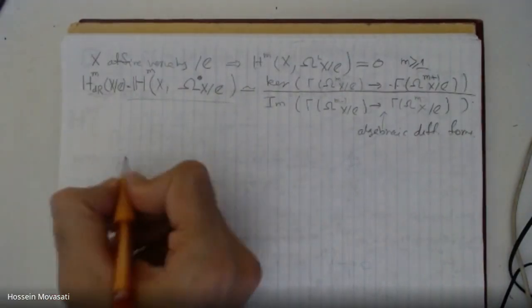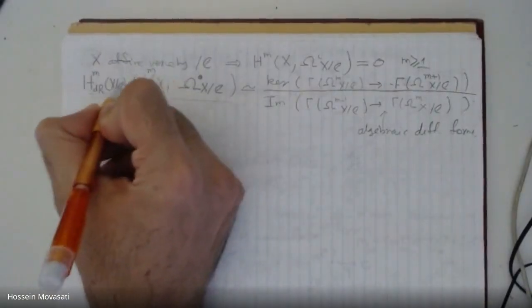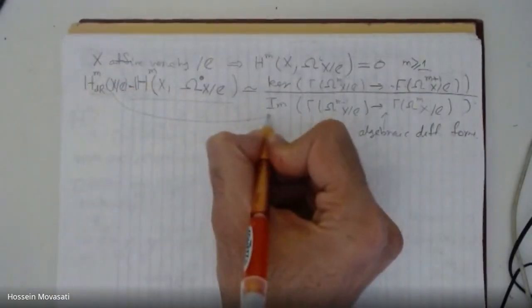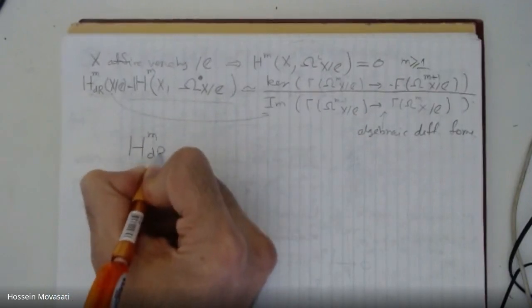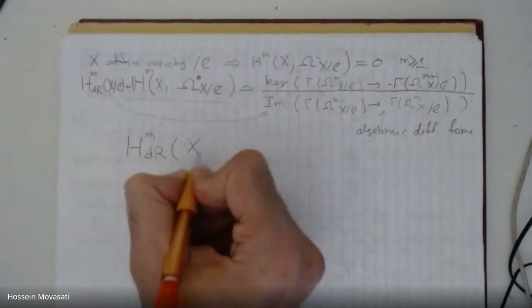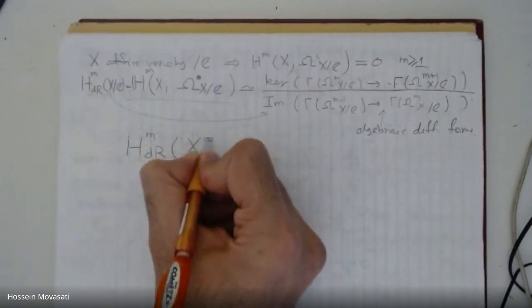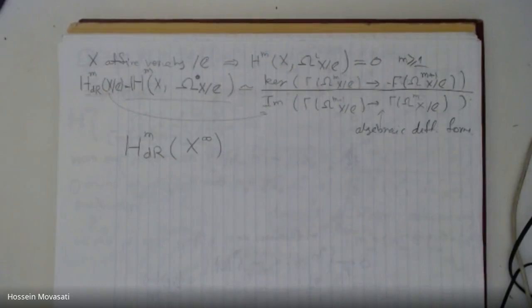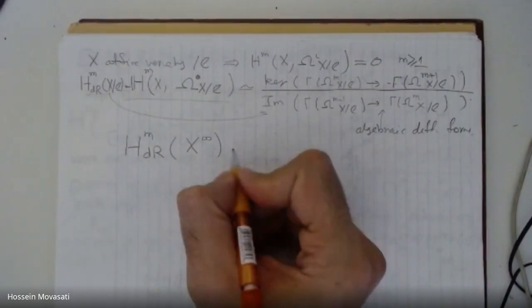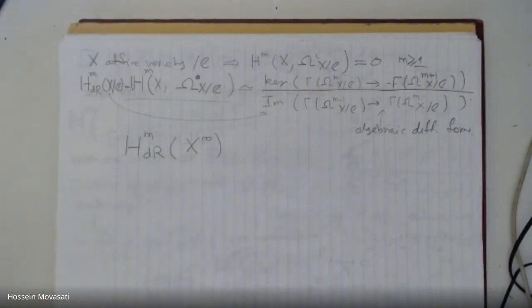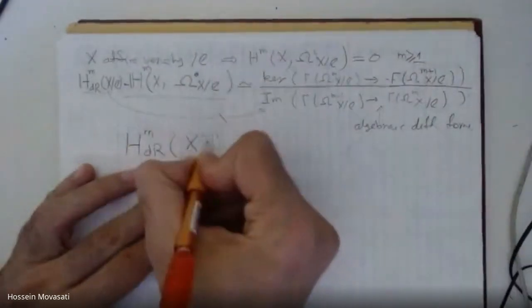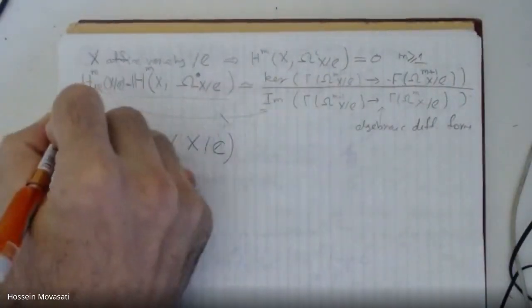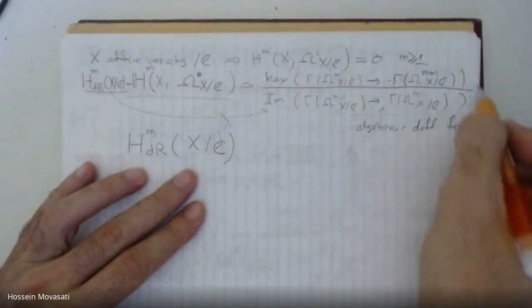So let's define this one as this one. Let's consider first X as a C-infinity manifold and its classical de Rham cohomology. No, actually the other way. Let's first consider this algebraic de Rham cohomology, which at the end turns out to be this one.